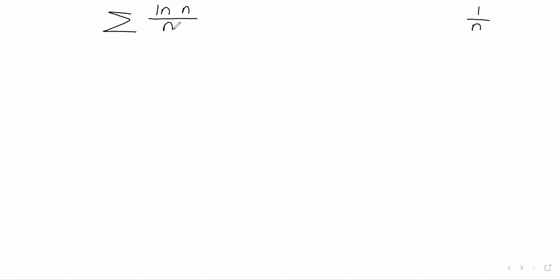The natural log of n grows so slowly that maybe we can just sort of ignore it. And if we could just ignore it, that would leave us with the harmonic series. It would leave us with something that diverges.